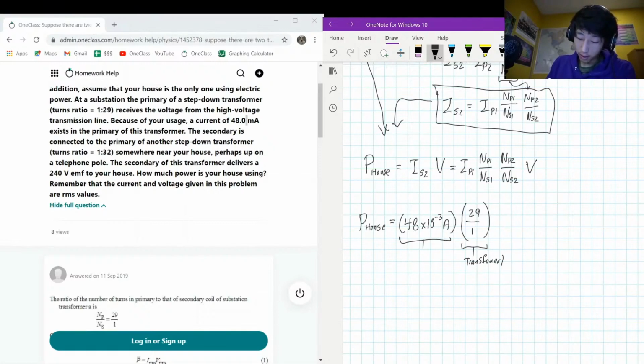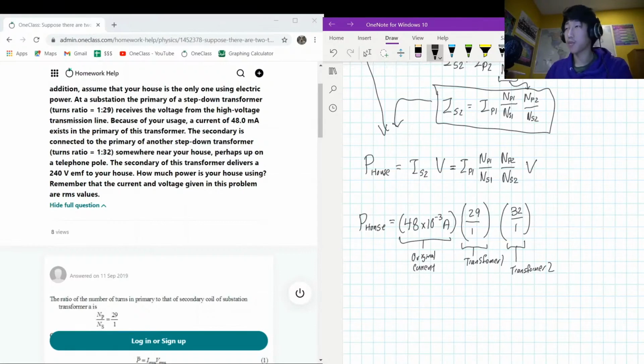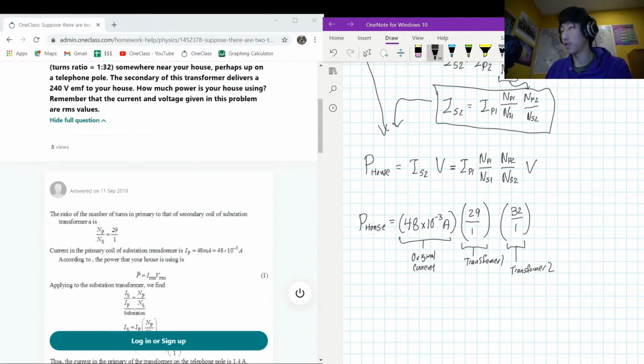This is the original current. Then we're going to have transformer 2, and that was 1 to 32, so that corresponds to 32 over 1. This is transformer 2. And multiplied by the voltage that we observe at the house, which is 240 volts.